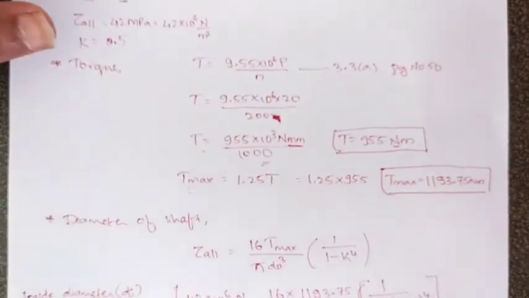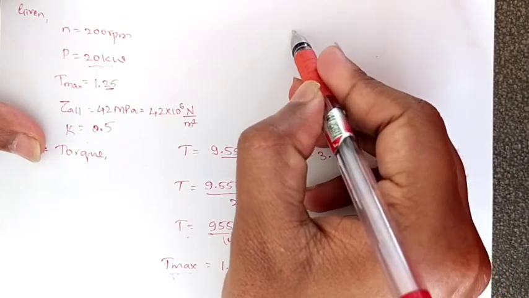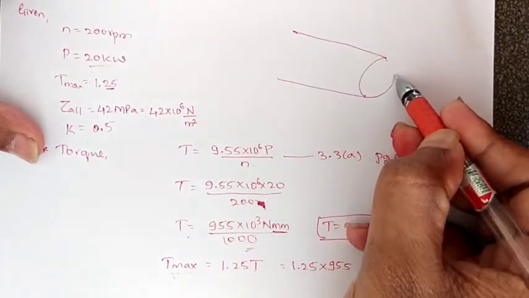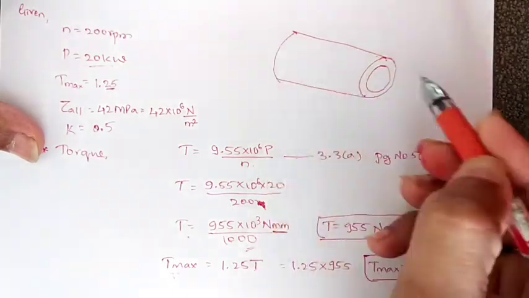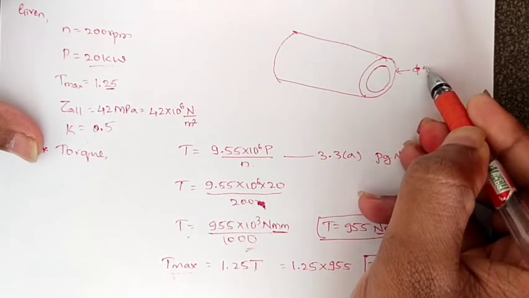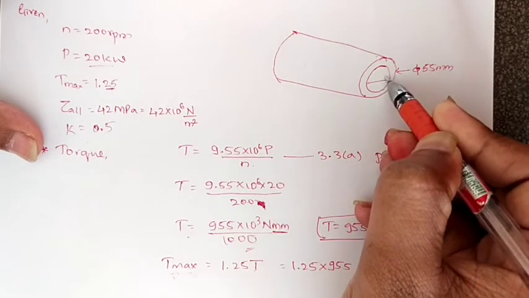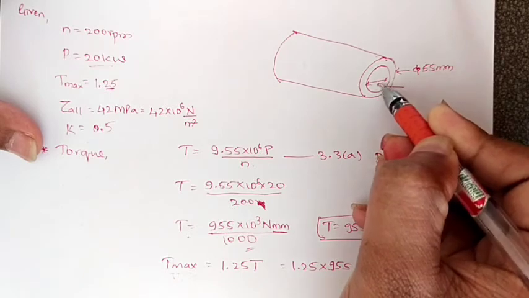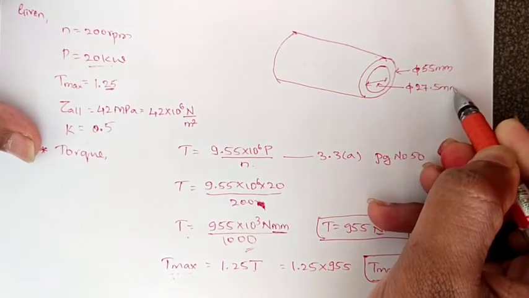So with this problem we have found that if a shaft is there like this, it is having two diameters. One is the outside diameter of 55 mm, and this is the inside diameter of 27.5 mm.